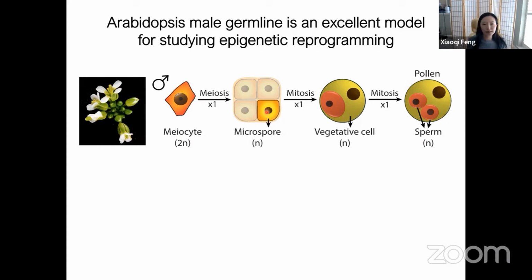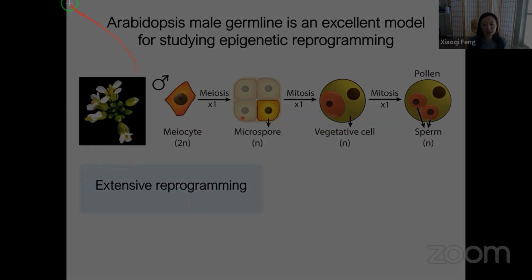Then each spore divides once mitotically to give rise to a small generative cell and a large companion called the vegetative cell. This small red cell enters another round of mitosis to give rise to the two sperm cells in the pollen. This entire developmental process is characterized by extensive chromatin reconfiguration and reprogramming.